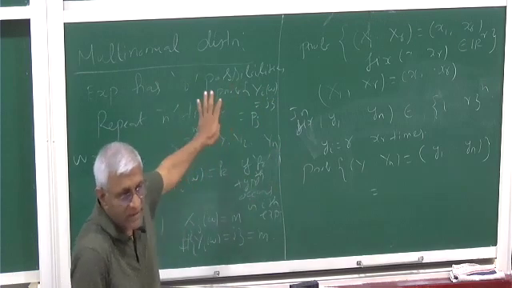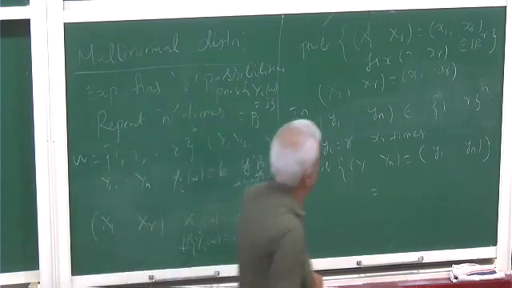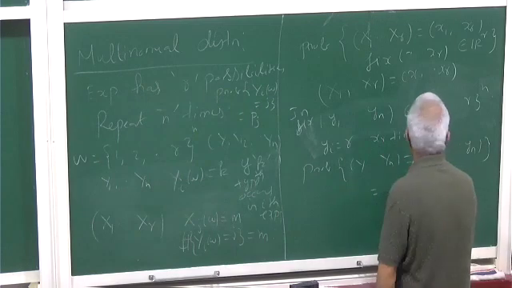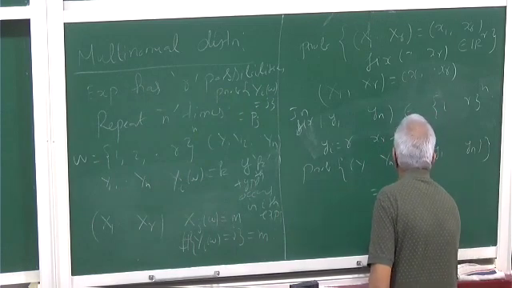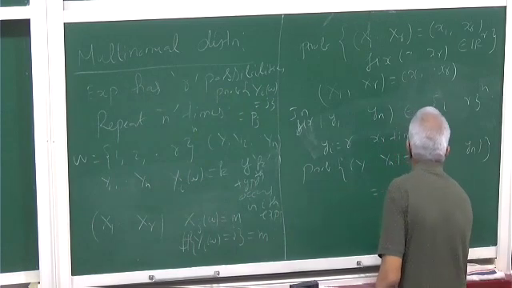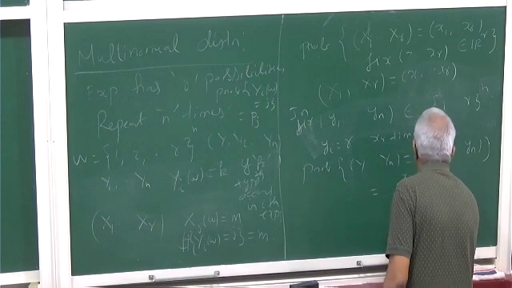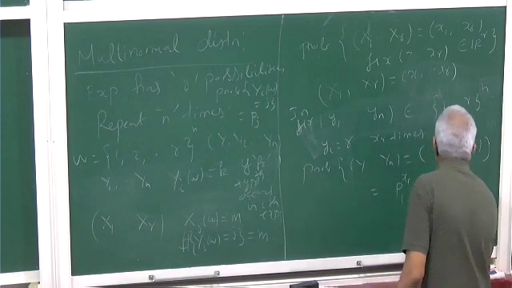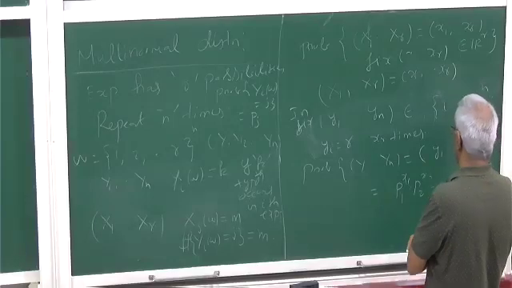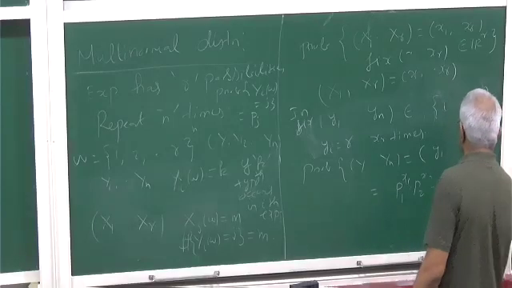There are r types, and each one occurs with probability pj. So this will be p1 power x1, p2 power x2, up to pr power xr.